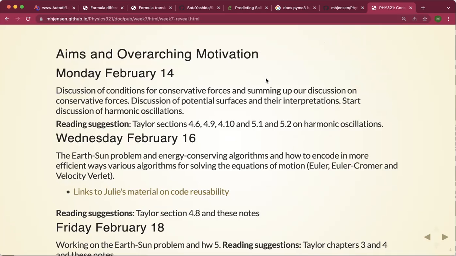Then we are going to start with a topic which will keep us busy till spring break roughly, and that's about harmonic oscillations, and that plays a central role in mechanics. And you will encounter this again and again, all over in physics, in electromagnetism, in quantum mechanics, and so on. One of the things we also want to do, and you got a teaser in this homework, is the interpretation of the potential surfaces.